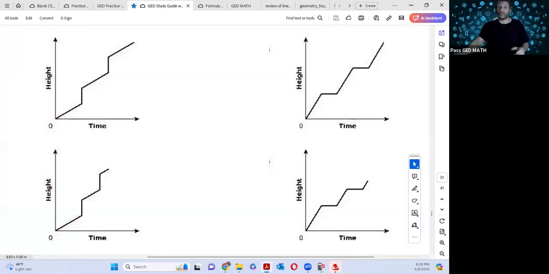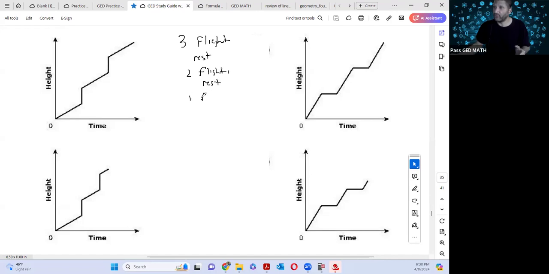So again, you have to understand that my x-axis is my time, my y-axis is my height. So I go up 3 flights of stairs, rest. 2 flights, rest.